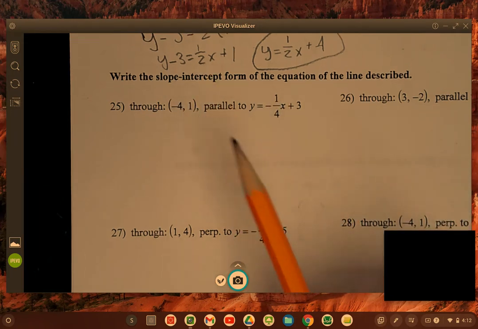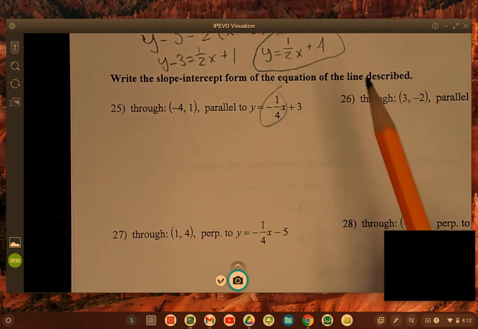What's the slope of this line right here? Negative 1/4. Will you circle it? I will. So that is going to be the slope of my new line, right? Because parallel means that the slopes are exactly the same. So now I know a point and I know a slope.